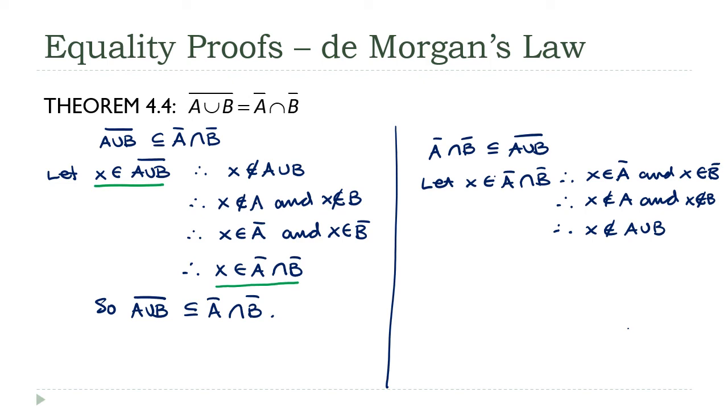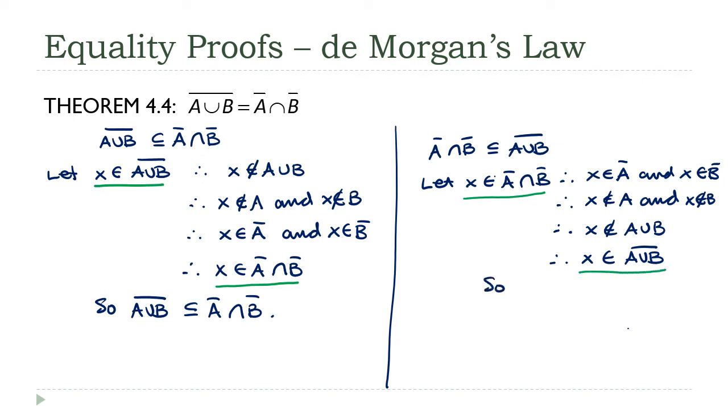Well, if X is not in that set, then it must be in the complement of that set. And again, that's what I needed to show. If X is in this set, then it must, by necessity, also be an element of this set.